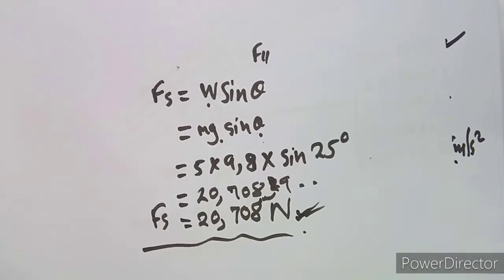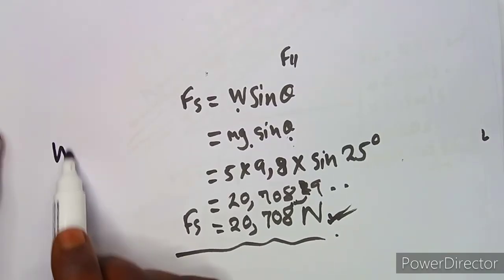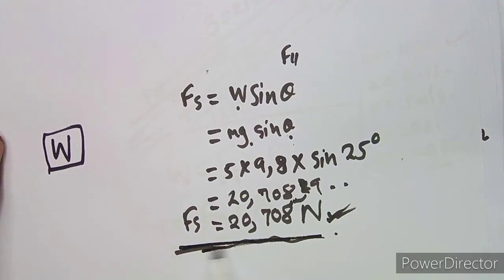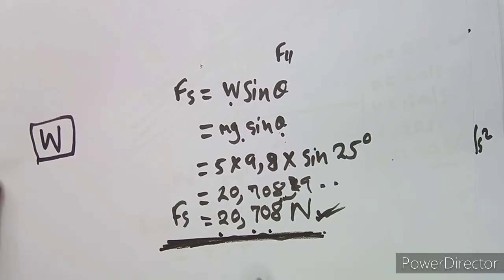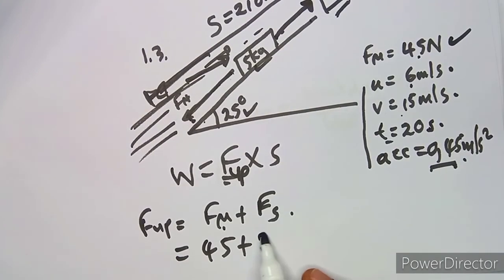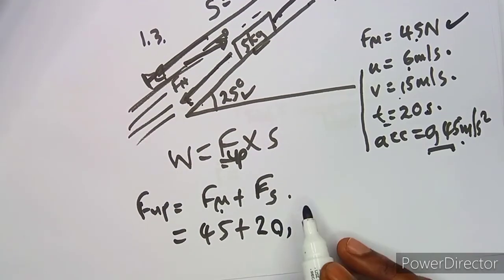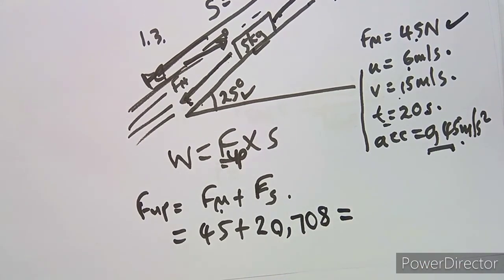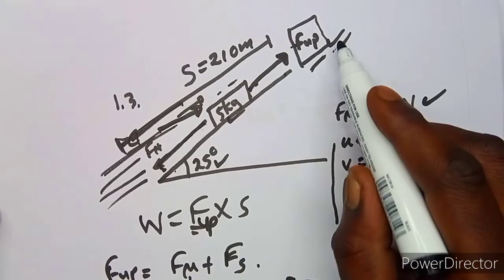Remember, when we calculated work done on the parallel component, we calculated the parallel component of the weight first, which is 20,708. All right, so we are going to obtain the force now which is making this object go upwards.